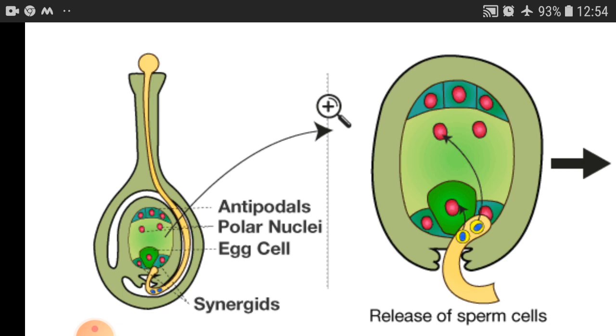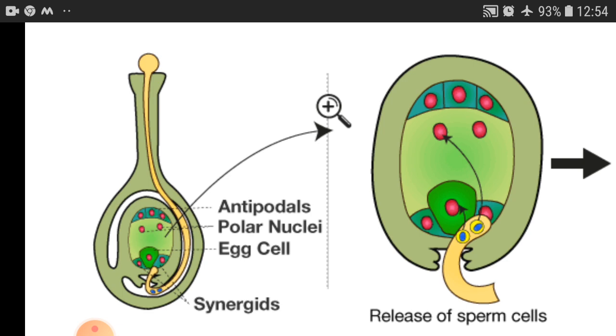So there are three different types: porogamy when it enters from the micropylar end, chalazogamy when it enters from the chalazal end, and mesogamy when it enters laterally. Of all these three, porogamy is most common, chalazogamy is less common, and mesogamy is very rare. So whenever we draw the diagram, we draw porogamy, which is most frequent.